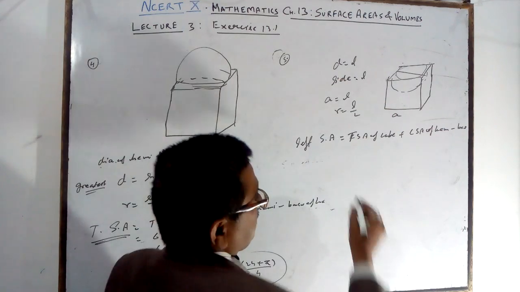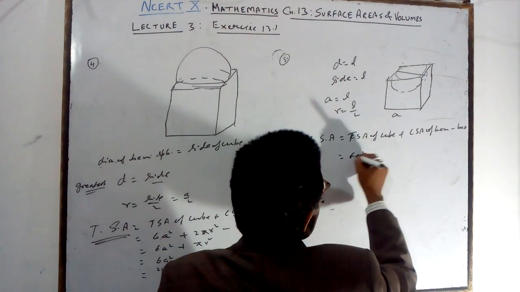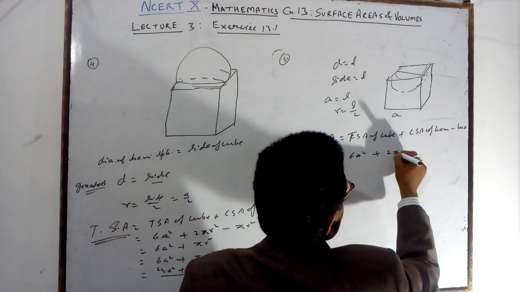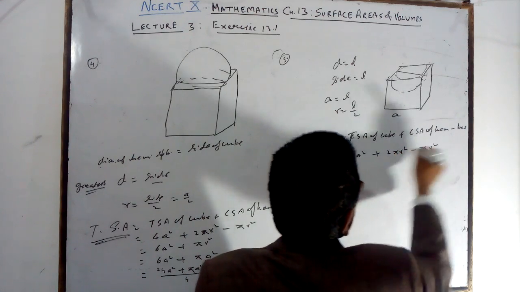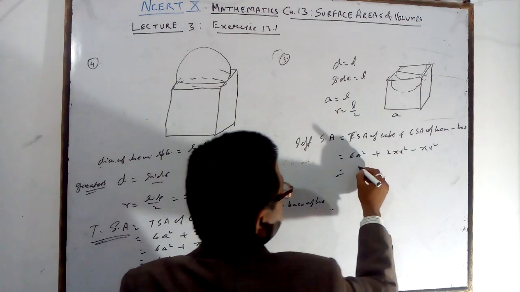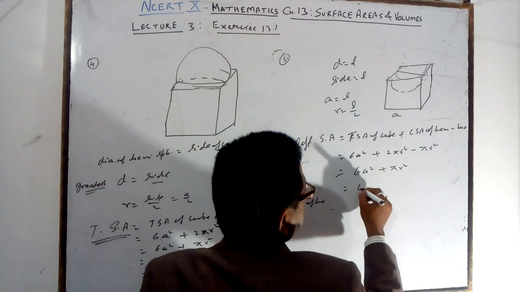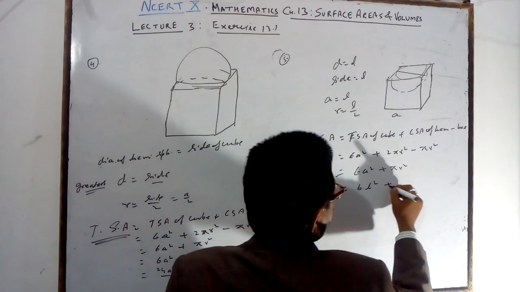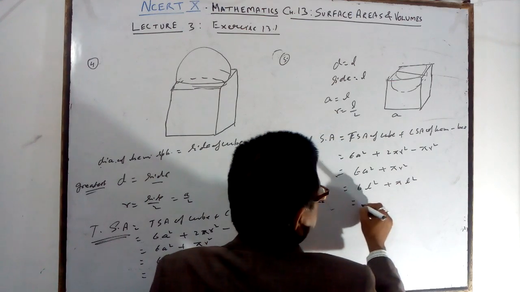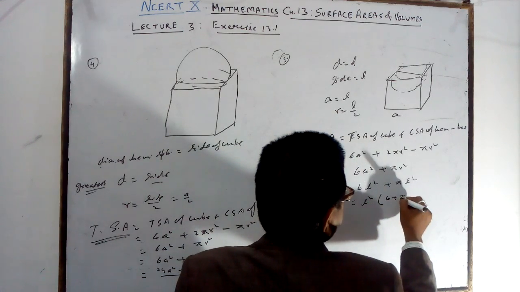So 6a square plus 2 pi r square minus pi r square. Both are the same question. 6a square plus pi r square. Put the value: 6l square plus pi l square.